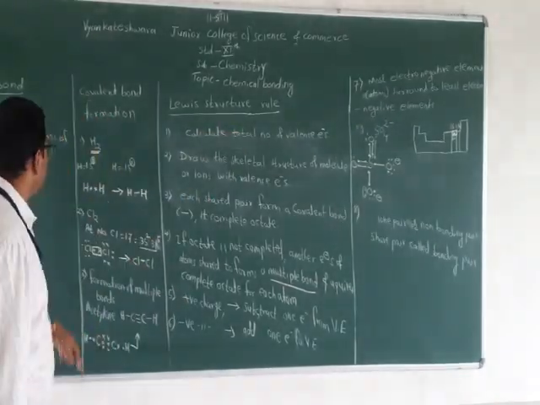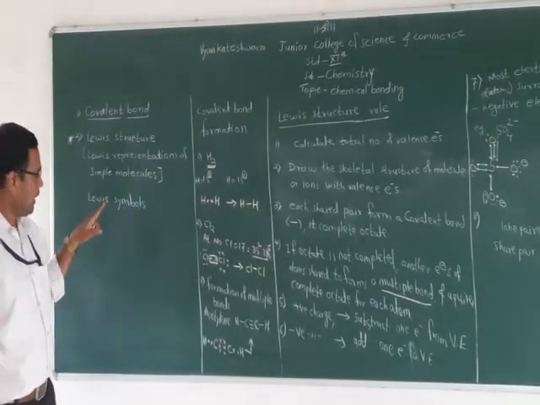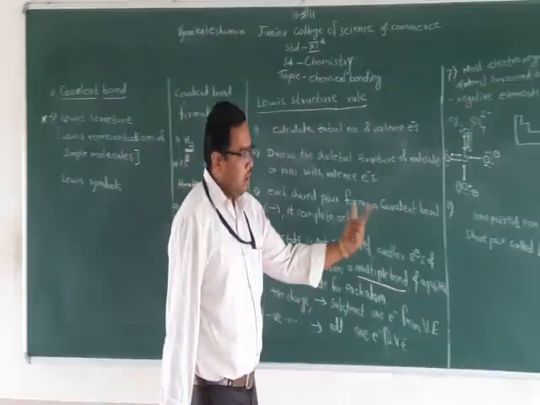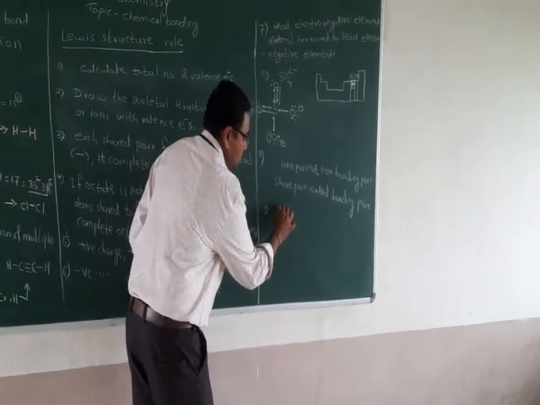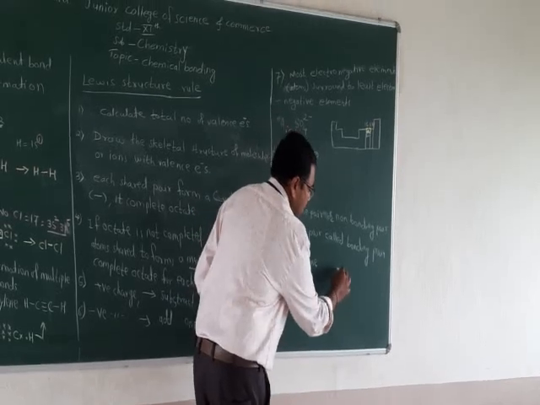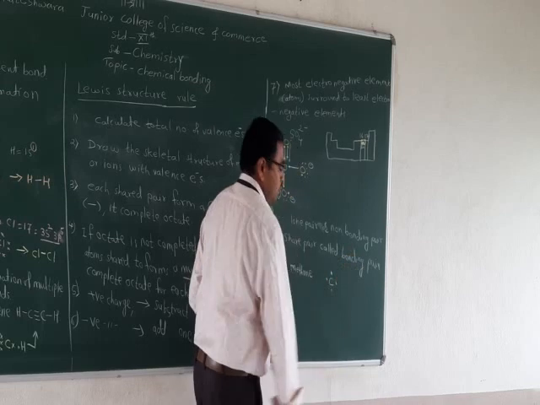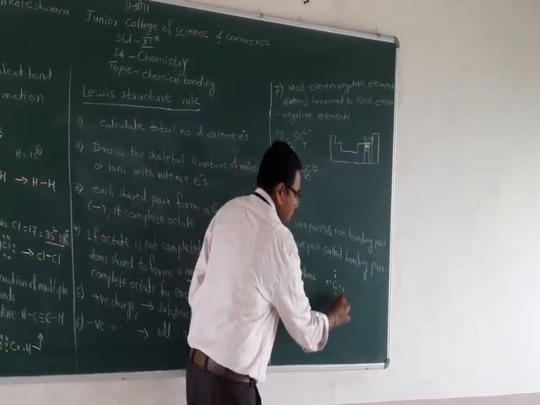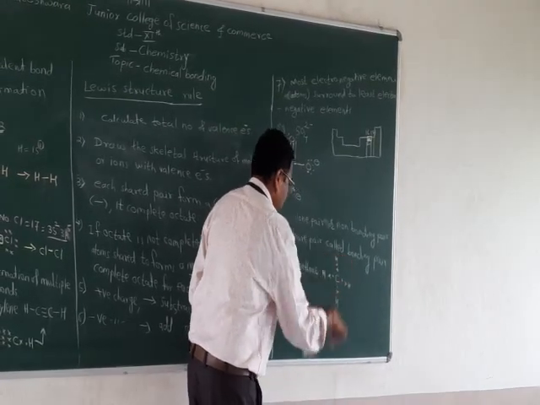This Lewis structure is also called the Lewis representation of simple molecules and also the Lewis symbol for the molecules. Two examples are given here. The first is the methane molecule, represented as carbon with 4 electrons in the outermost shell, and 4 hydrogen atoms surrounding this carbon atom.